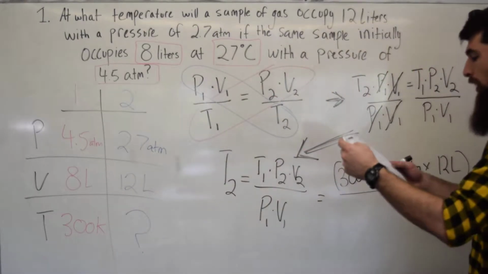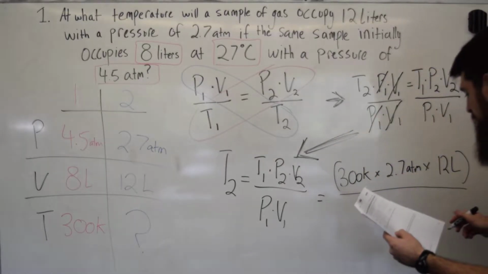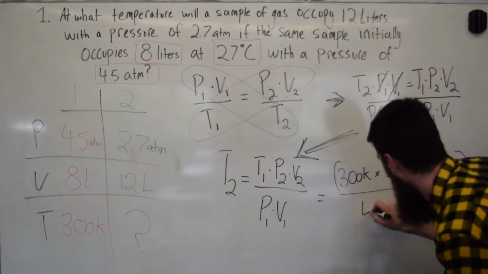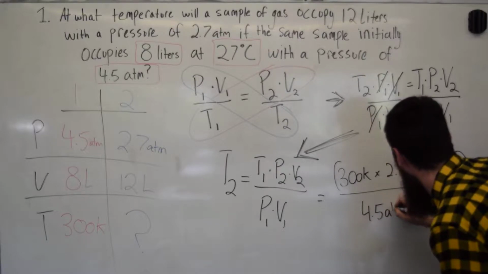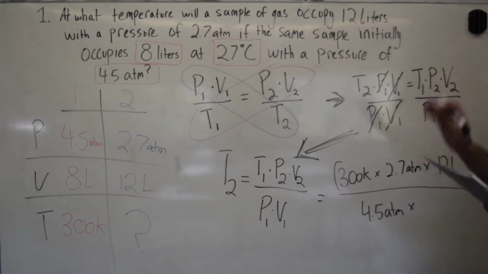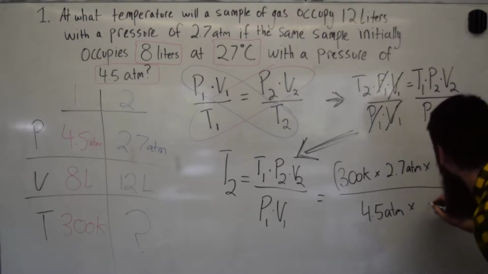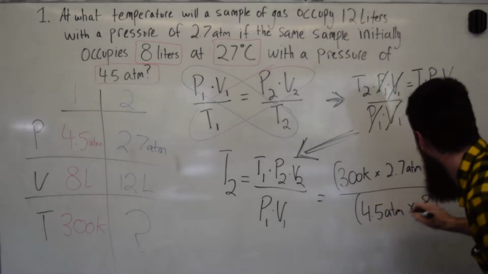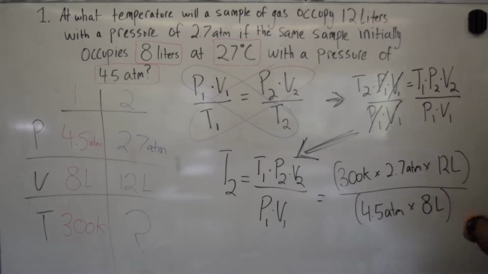Okay? Over P1, 4.5 atmospheres, times 8 liters. Remember your brackets, remember your parentheses. I call them brackets, you guys all make fun of me for it.